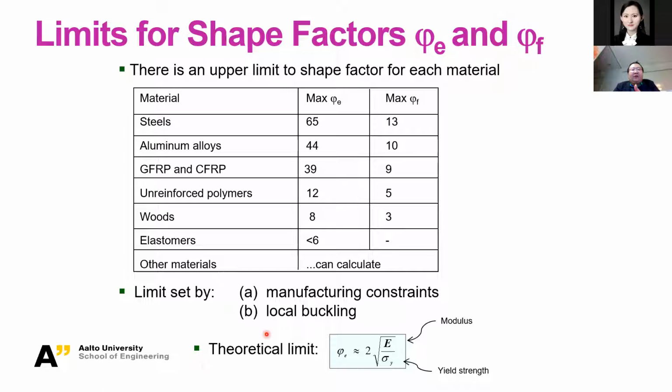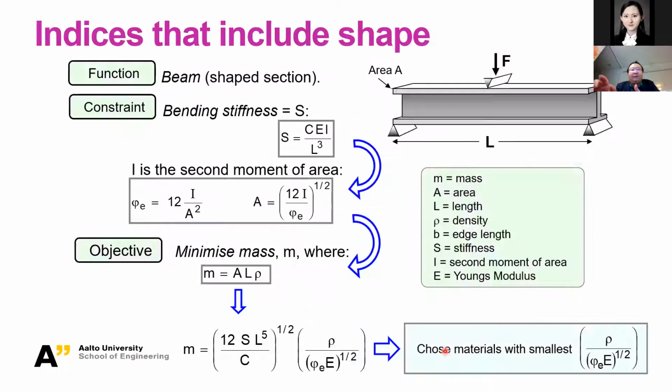But there is a certain theoretical estimation about this risk of local buckling, which is given by this equation related to your E modulus and also the yield strength. So basically, if we just take steel, this value is about 30, 40. So we cannot go even to the kind of empirical limit too much if we're designing a long product. Once again, if it's short, actually you can just break this value.